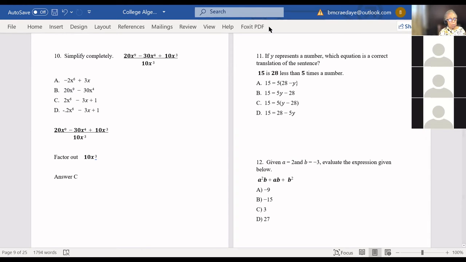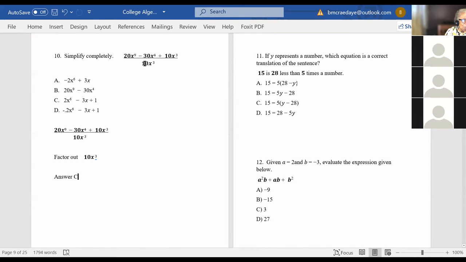All I'm saying is each one of these terms can be divided by 10x to the third. Yes. Well, I made a mistake because I didn't cancel out the others. I only divided the 10x to the third by the 30, but I didn't divide the other 20x to the 9 by the 10.